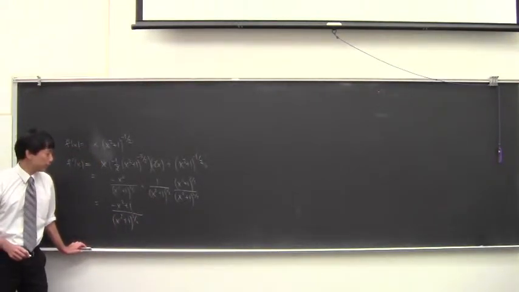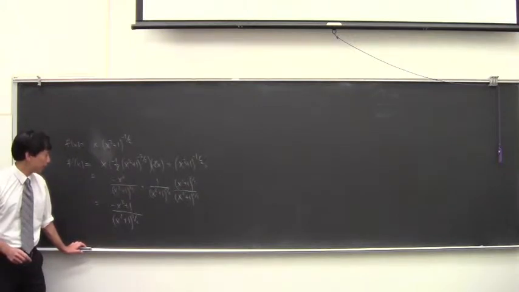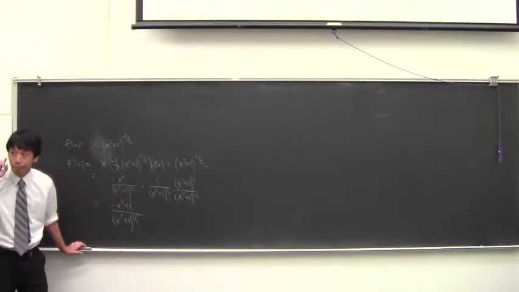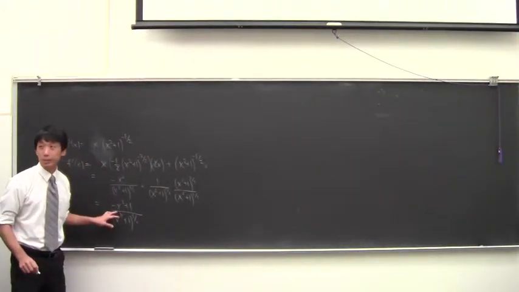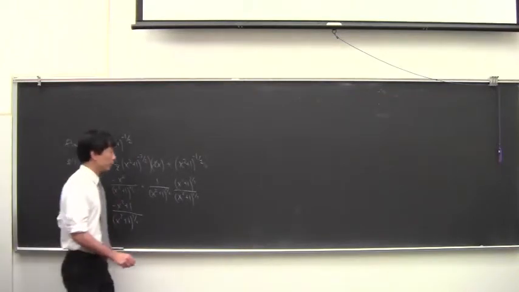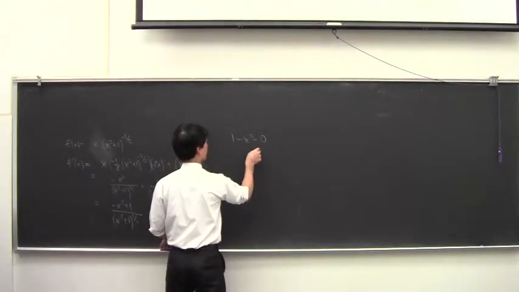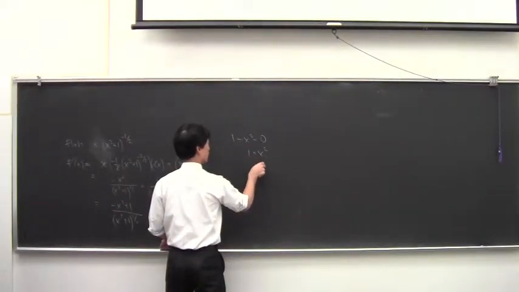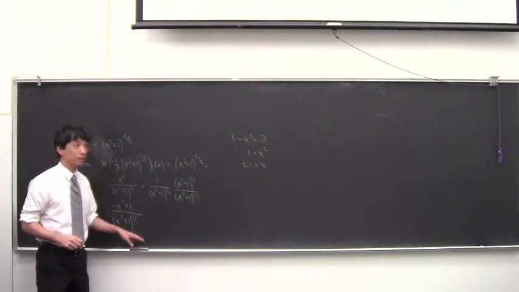So where is it 0? You need the numerator to be 0, right? So 1 minus x squared is 0. In other words, x squared is 1. In other words, x is plus or minus 1.